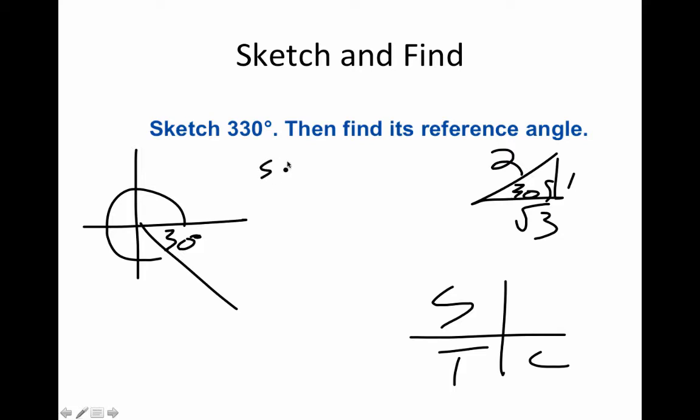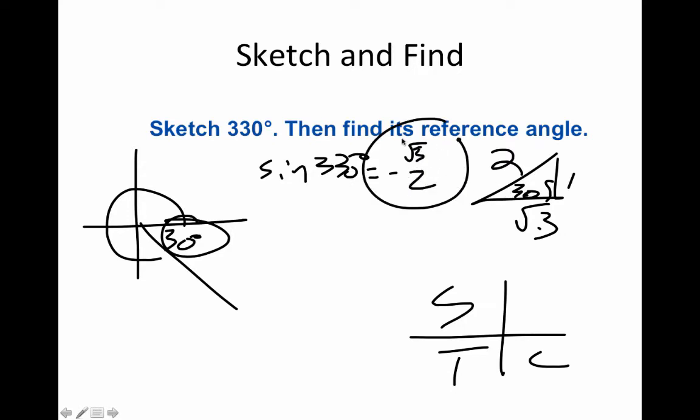Find me the sine of 330. And I'm going to say it has to be negative. And I'm going to say use a 30-degree reference angle, adjacent over hypotenuse. And we're going to say square root 3 over 2. Or excuse me, that should have been 1 over 2. That's what you get for doing a problem that's not really there.